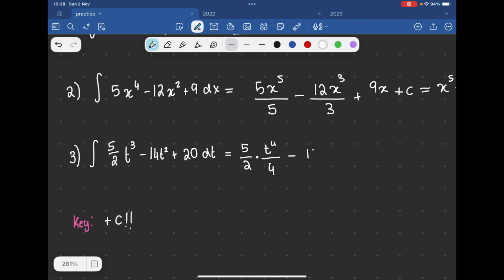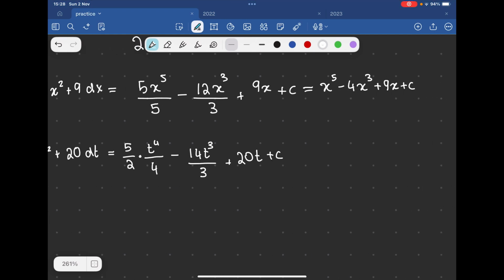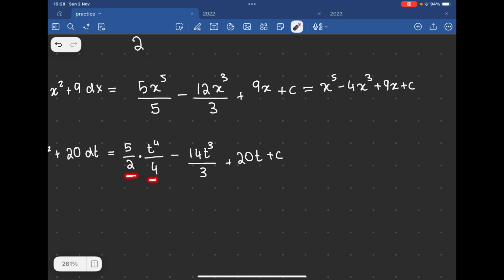Minus 14t^3 over 3 plus 20t plus c. Now, what I'm going to do is, since they're being multiplied, we can just multiply the denominators. And then this we can just multiply together again.